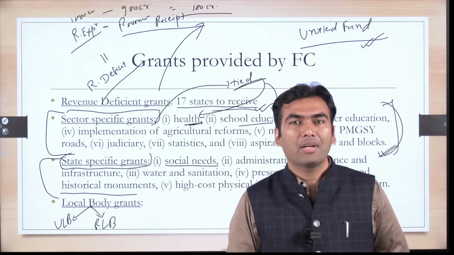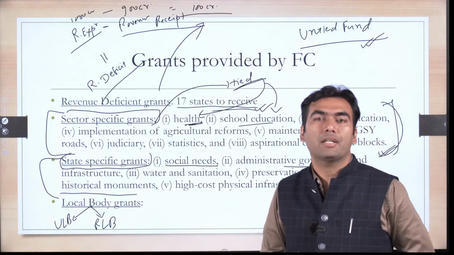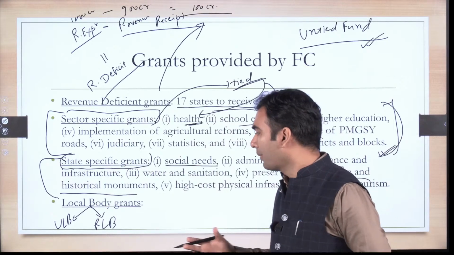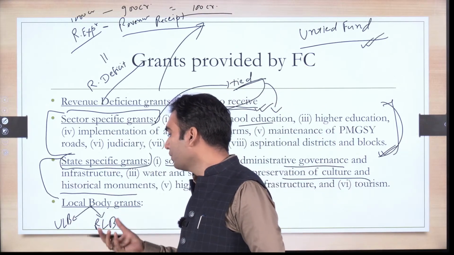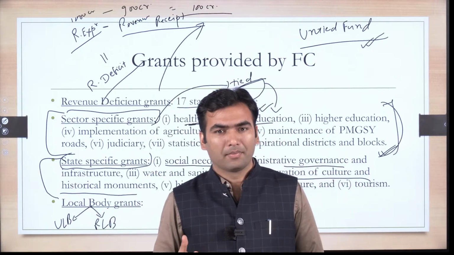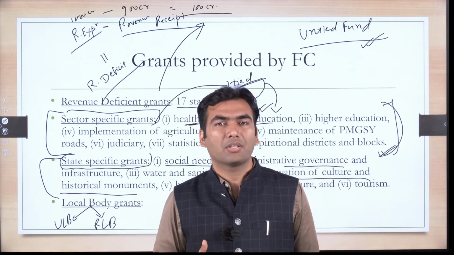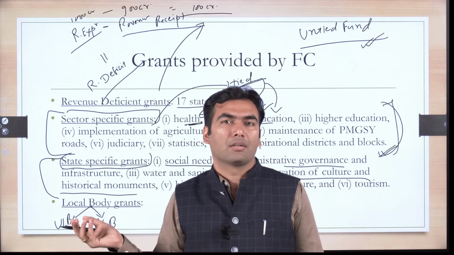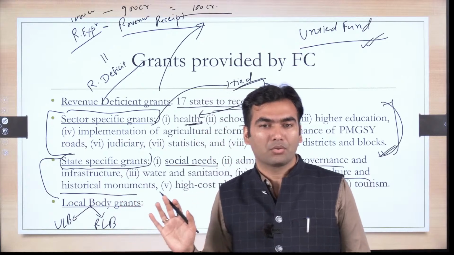Earlier the Finance Commission had recommended a 30:70 ratio. Like 30% should be given to urban local bodies and 70% to rural local bodies. This was basically based on the population share. In urban India, 30% of the population lives. Rural India, 70% of the population lives. So accordingly, the distribution should be done.